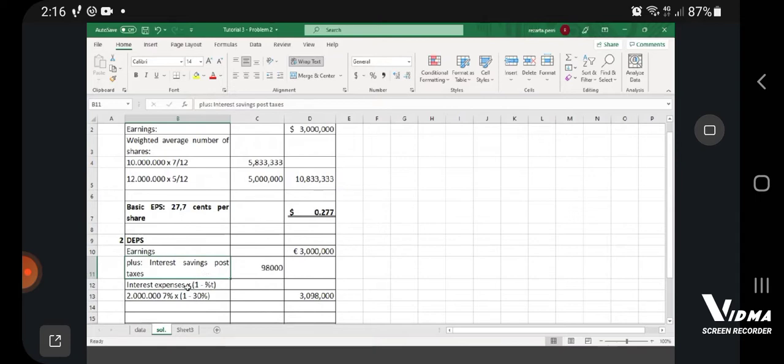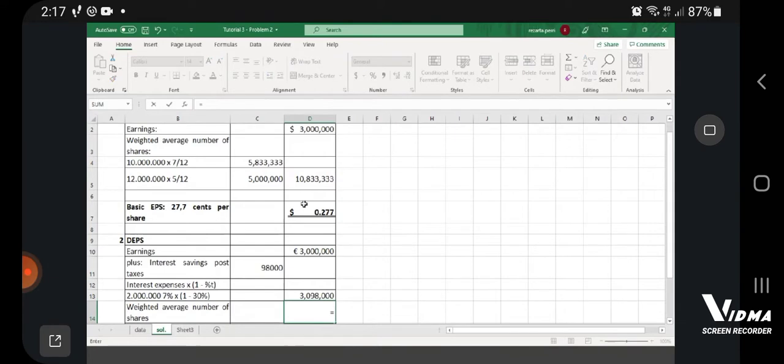That means interest expenses multiplied by 1 less percentage of taxes, and we find the amount to be 98,000 euro. Again, I need to calculate the weighted average number of shares. Actually, nothing has changed related to the weighted average number of shares.